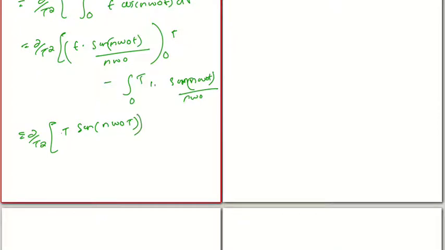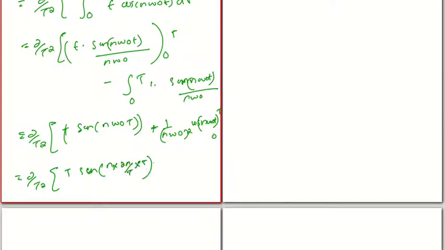So let it be like that, minus integral over sin's integral, which is cos n omega 0 t, 0 to T. So it will be sin, instead of n omega 0 it is 2 pi by T into T, right?